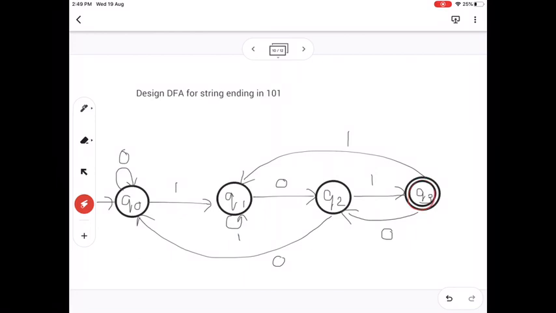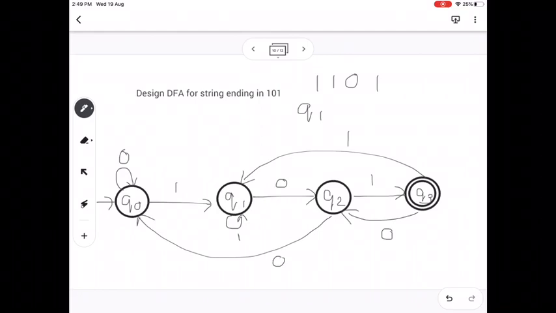I will show you one example. Okay, if the string input is 1, 1, 0, 1, a simple example. Okay, so for the first one, I move further. I go to Q1. For the next one, I remain in the same state, that is Q1.